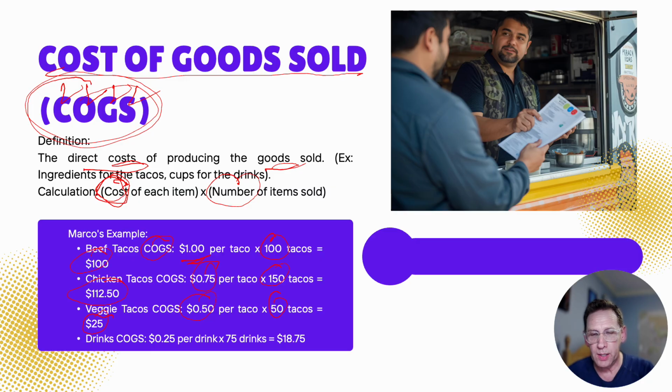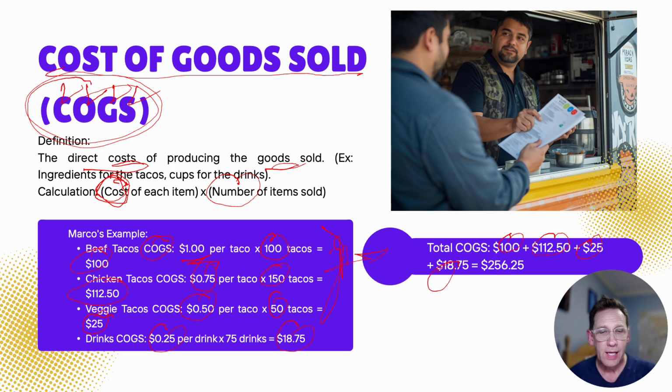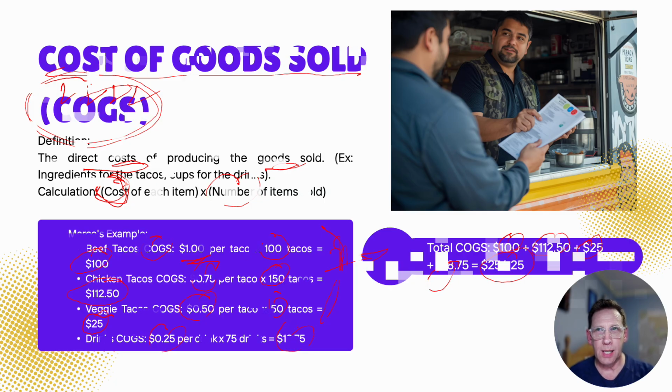And the drinks cost him 25 cents per drink, at 75 drinks, that's $18.75. So let's add this all up. Our total COGS is 100 plus 112.50 plus 25 plus 18.75, which equals $256.25.